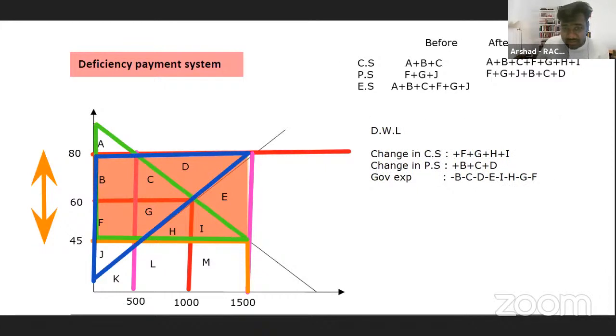So based on this, we can calculate deadweight loss now. I will show you how we get this done. Look, government is spending F, and consumer is getting that F. Minus F plus F cancelled.